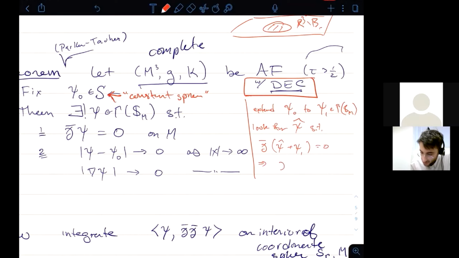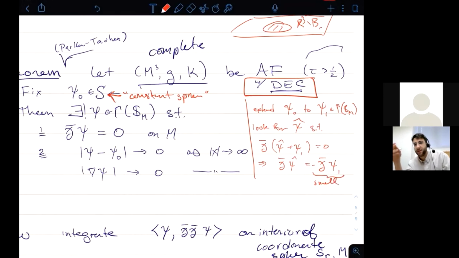In other words, this is going to be the object, the spinor that you want, the harmonic spinor that you want. And the equation that you would want to solve is this is equal to minus Dirac acting on phi1, which is hopefully small.